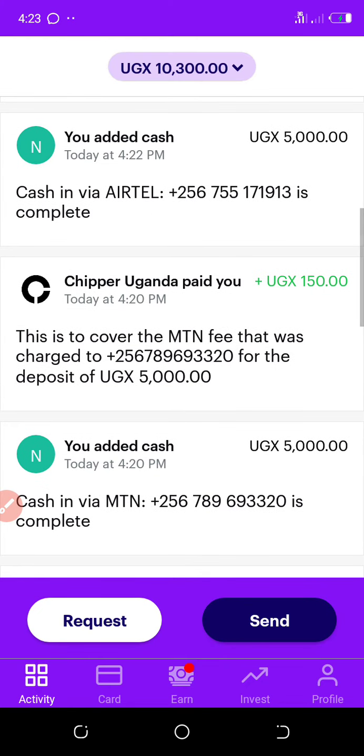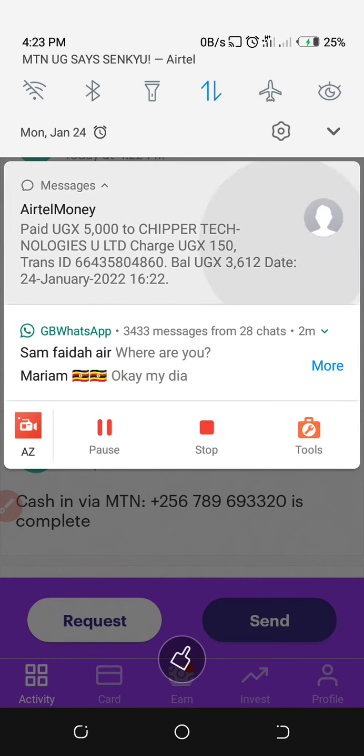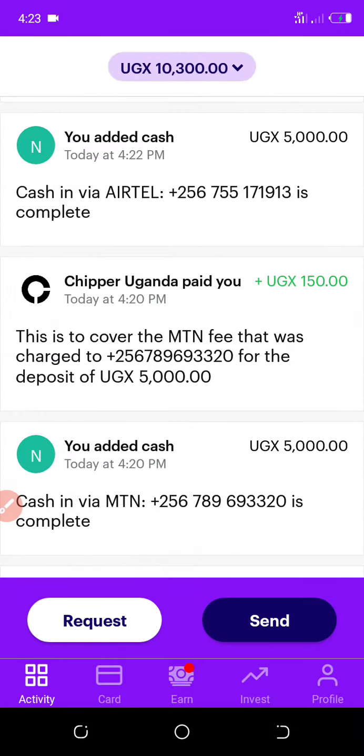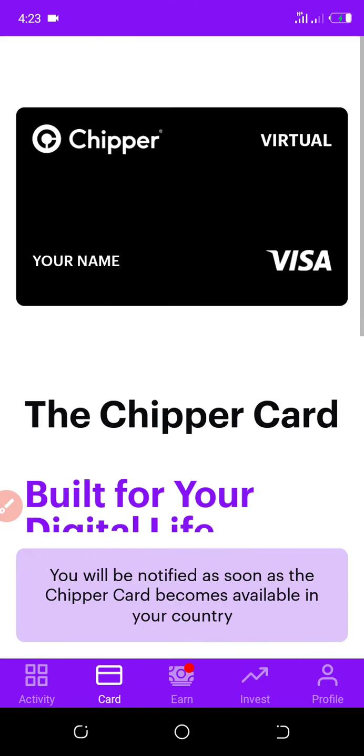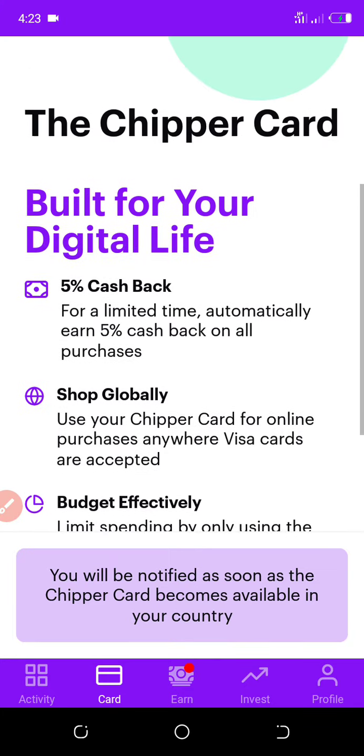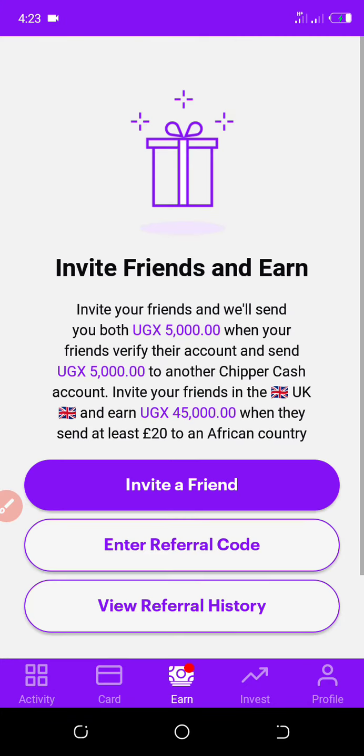In the next video, I'll teach you more about Cheaper Cash as you request in the comment section. If you have any question on how to buy stocks, how to send money, how to use the cards, the virtual card, how to earn money on Cheaper Cash, you can get 5k when you verify your friend's account, or when you refer a friend.